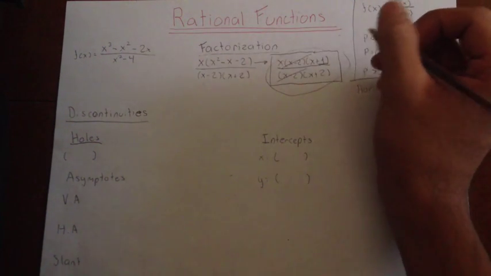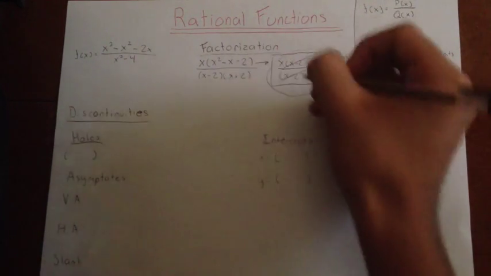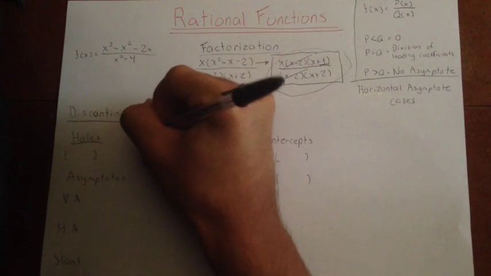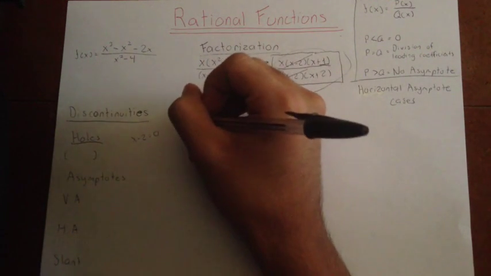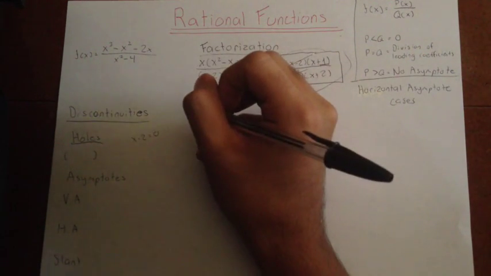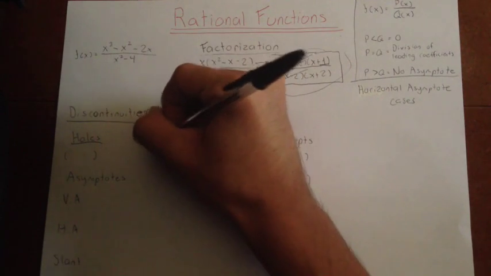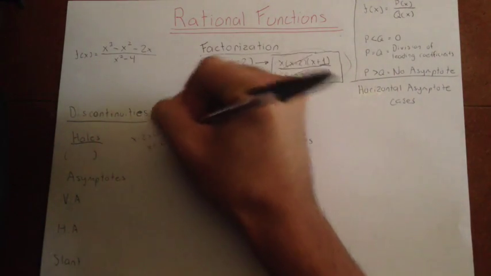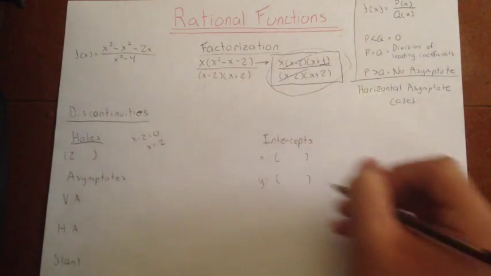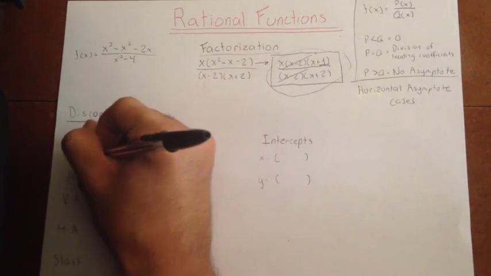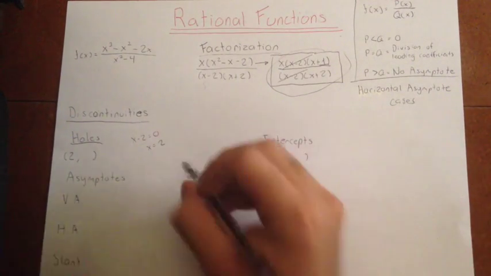Now, we have x minus 2 repeated, so we can cross off x minus 2. This will give us our x coordinate of the hole, which by setting it equal to 0, we can find that x equals 2. So our first point in the discontinuity will be 2.